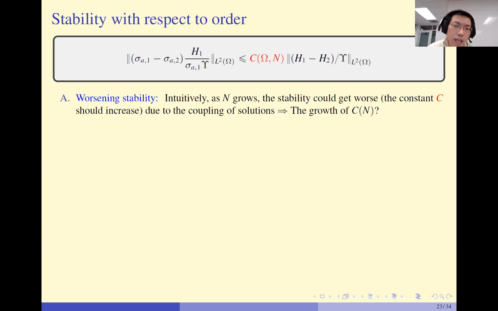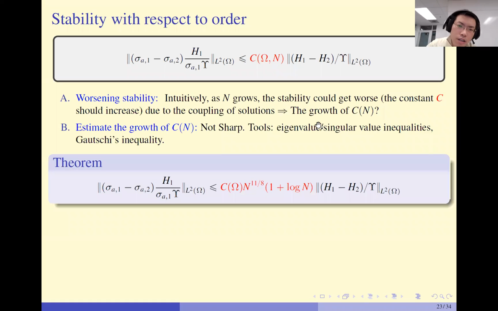The reason is that as n grows, we will get a much larger equation system from the SPM model, and intuitively the coupling will make the stability worse because of this coupling. So definitely this constant will grow, but do we have a bound for that? The answer is yes.